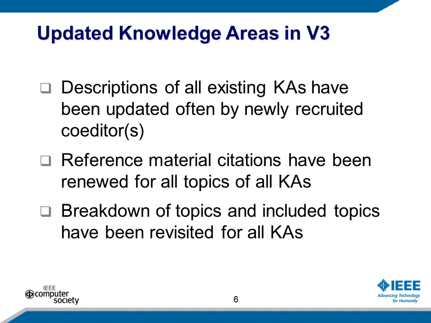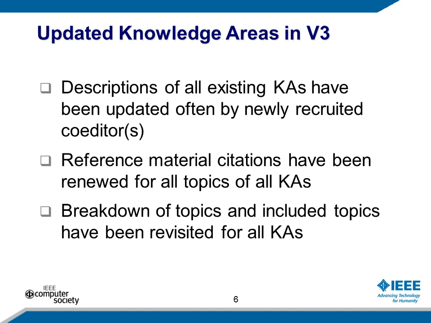So, what are the updated knowledge areas in V3? Let's talk about the updates to the existing knowledge areas. All 10 existing knowledge areas in the previous version have been updated, very often by newly recruited co-editors. We had editors and co-editors from around the world.